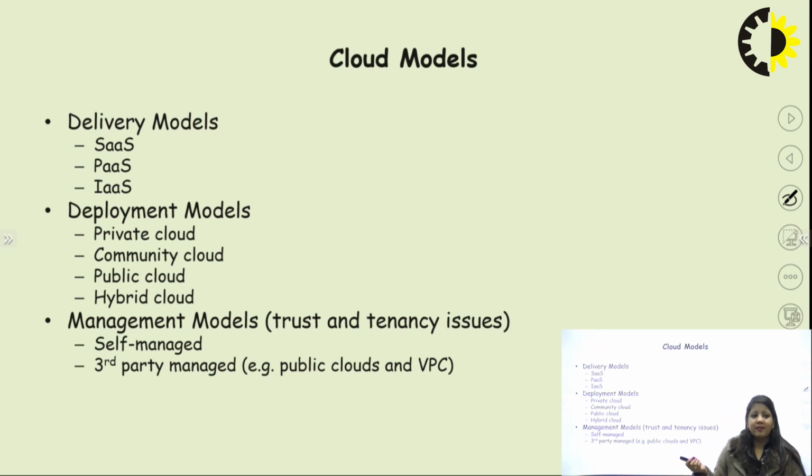Community cloud means there is a group of cloud servers, and they make one community, so that their data or their services can be shared over that community.